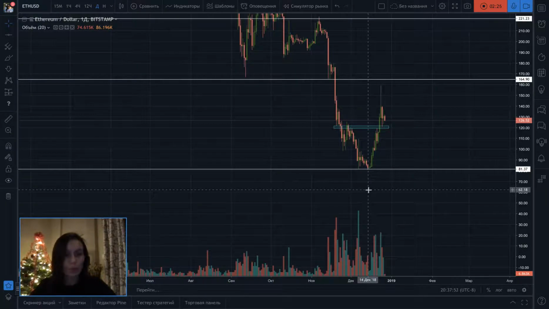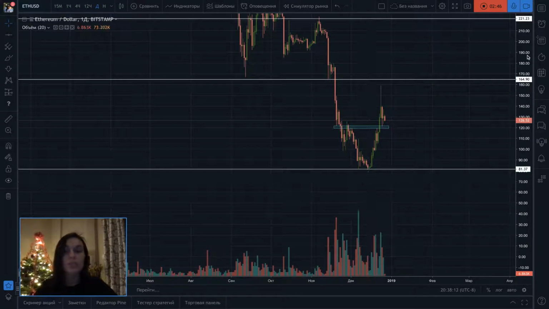I will show you. There are two types of support and resistance levels. First of all, we can speak about key levels. So what is this? These are historical key levels taken from the whole history of the chart, and you can see every time the price reacts to this key level.